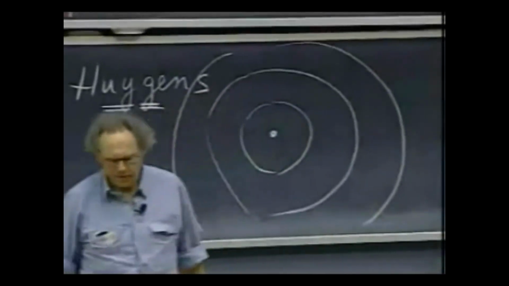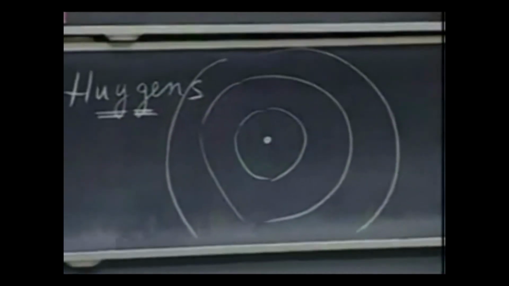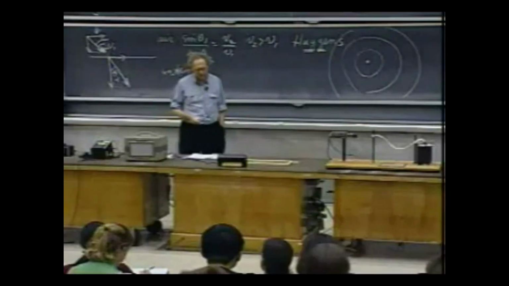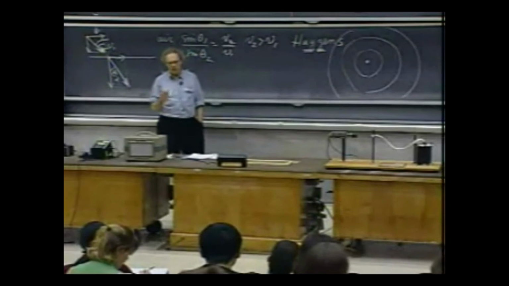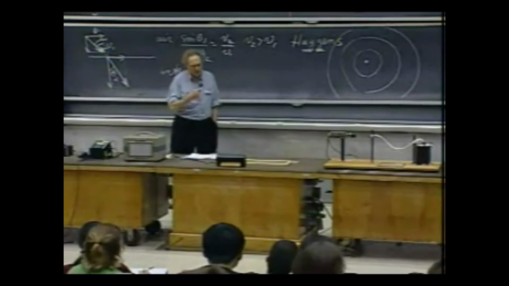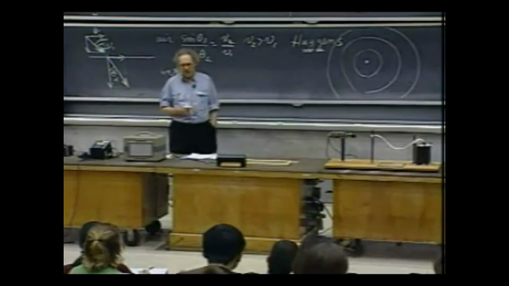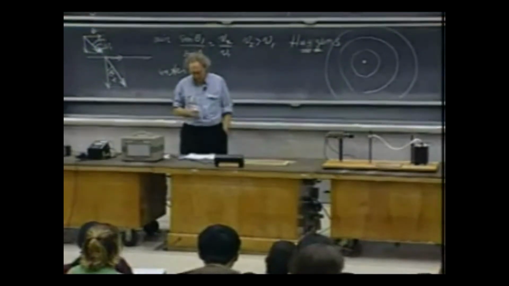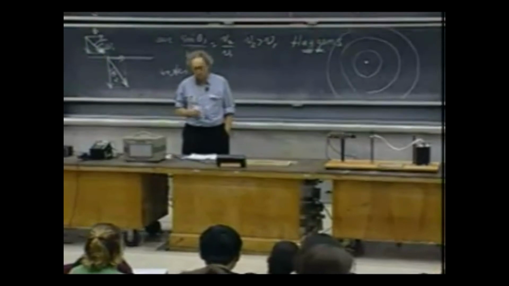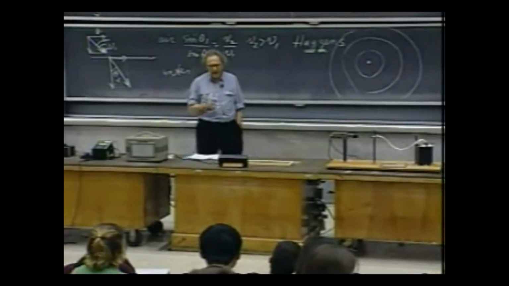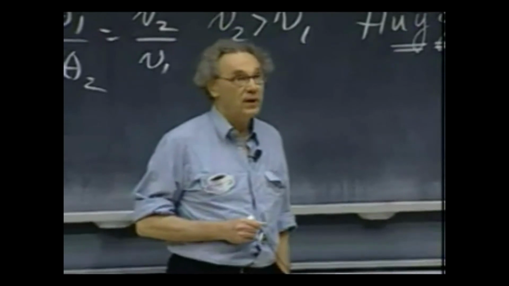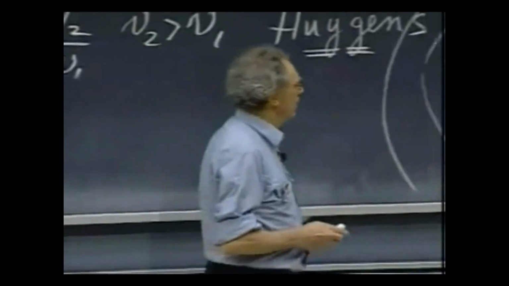So this is the wave front. And he now postulated that each point of the wave front individually oscillates at the same frequency as the source and produces spherical waves. We call them secondary waves, often also called wavelets. And that the envelope of the wave front of these secondary waves is now the new wave front.